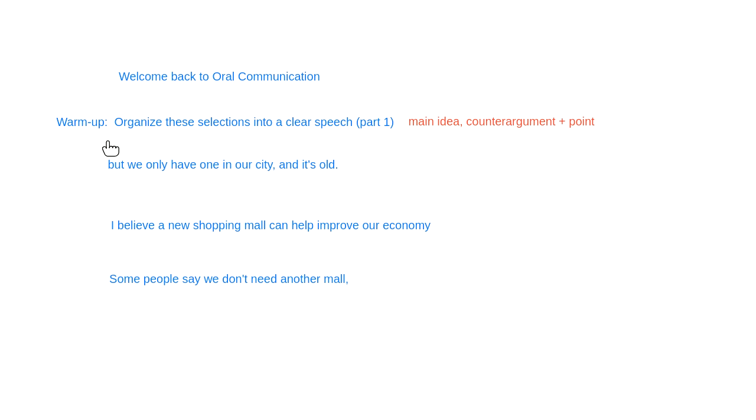It says organize these selections into a clear speech. So we're trying to organize the beginning of a speech. Now this is just 3 statements. It's not a whole speech, but it's the beginning of a speech. And we're going to look for which of these 3 here is the main idea, which one is a counter argument, and which one is our own first supporting point.